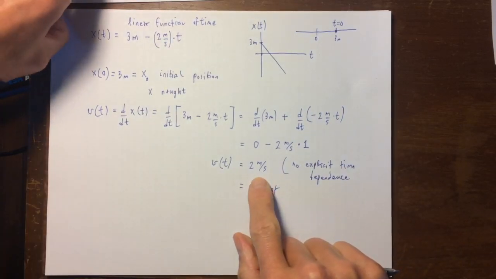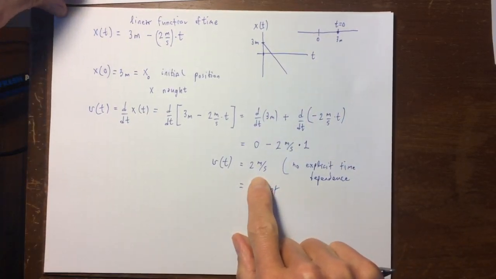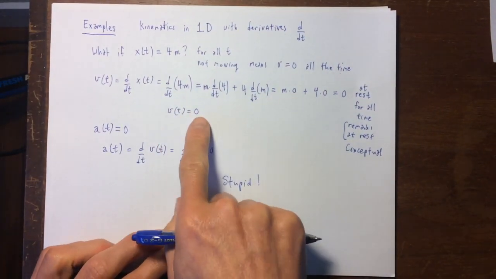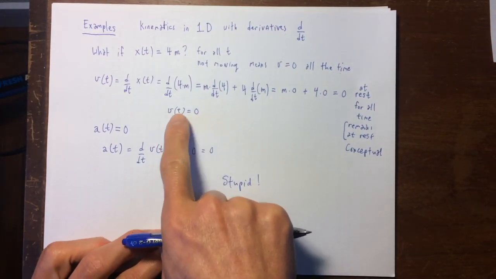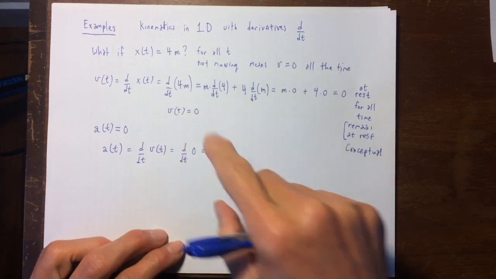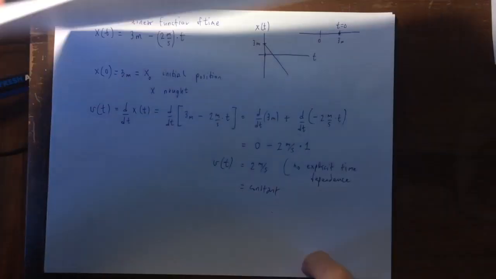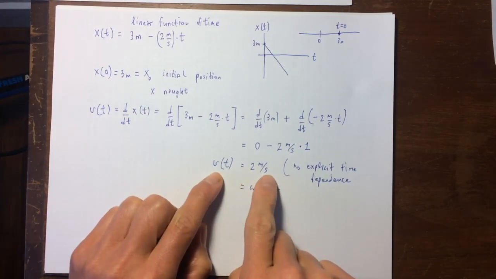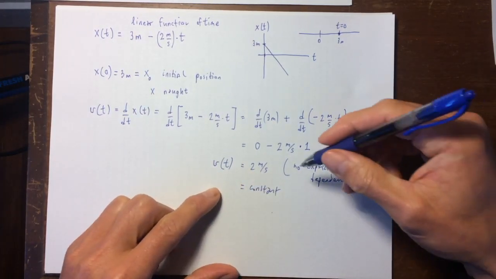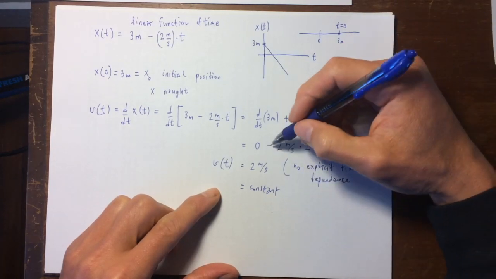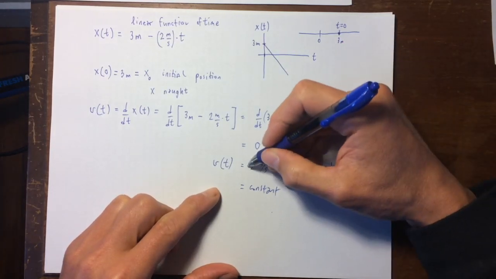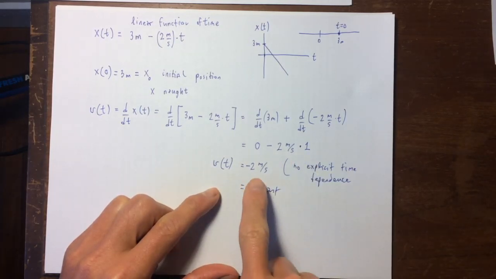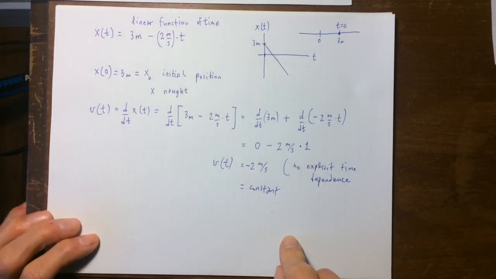Quite honestly, it's a fixed value in the same sense that in the earlier example, the velocity has a fixed value of 0, a fixed value of staying still. But in this case, it's got a fixed value of moving with this constant speed. Oh, and I blew it. I made a mistake. I forgot to bring along that minus sign. I'm sorry. So it's this constant value of negative 2 meters per second.